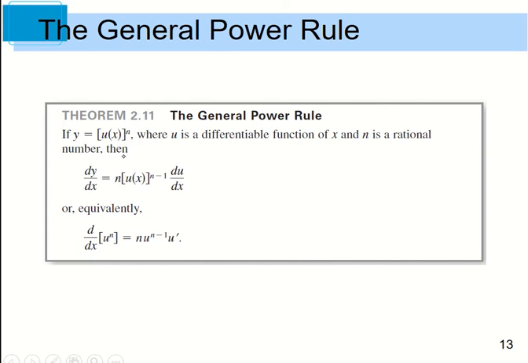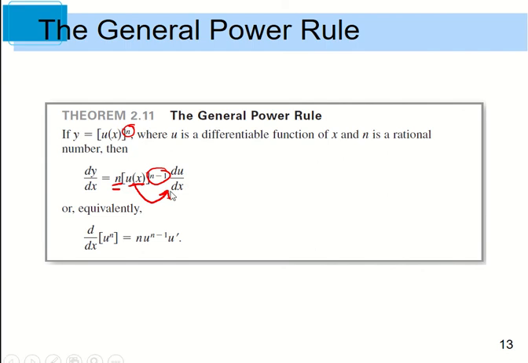After that, the power is reduced by 1. Then we differentiate the function inside. The function inside is u of x, therefore we need to differentiate the function u with respect to x.